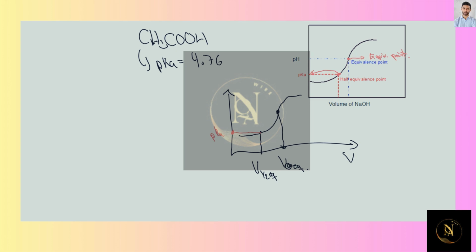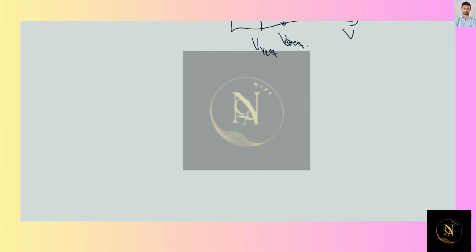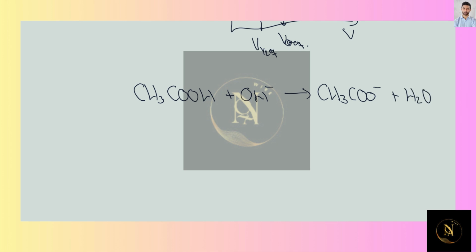Now, just as a reminder of why that is going to be the case, the reaction that we're going to have at the half equivalence point is going to be the following. When we reach the half equivalence point, the amount of mole that we had added of hydroxide is going to be equal to 1/2 of the initial amount.